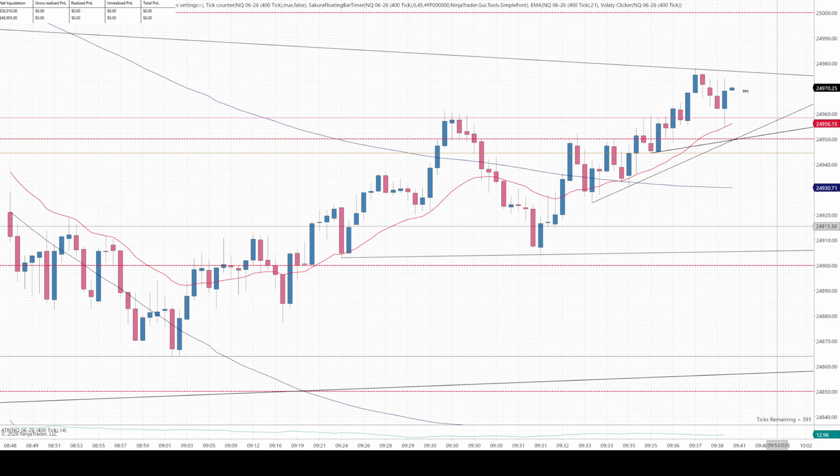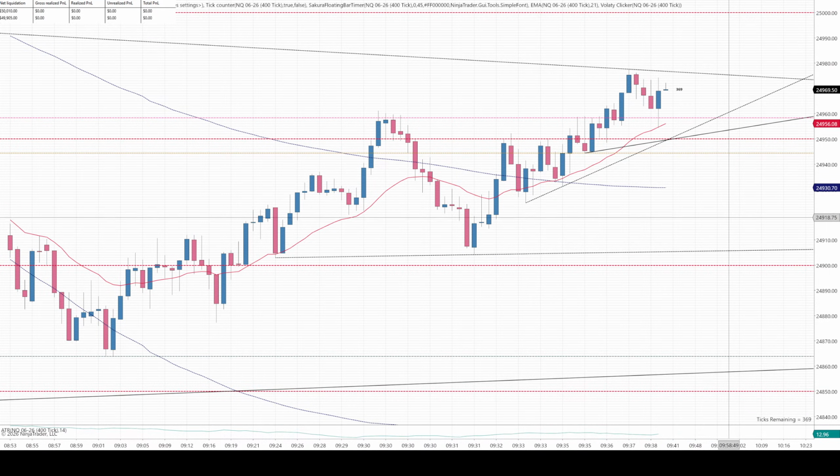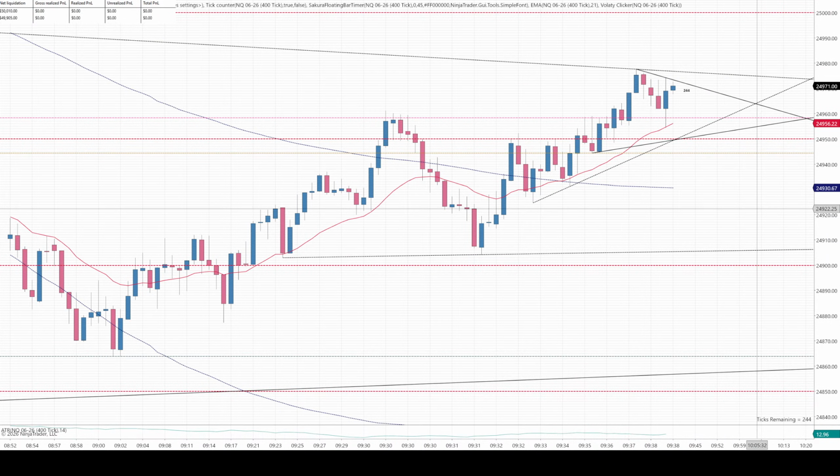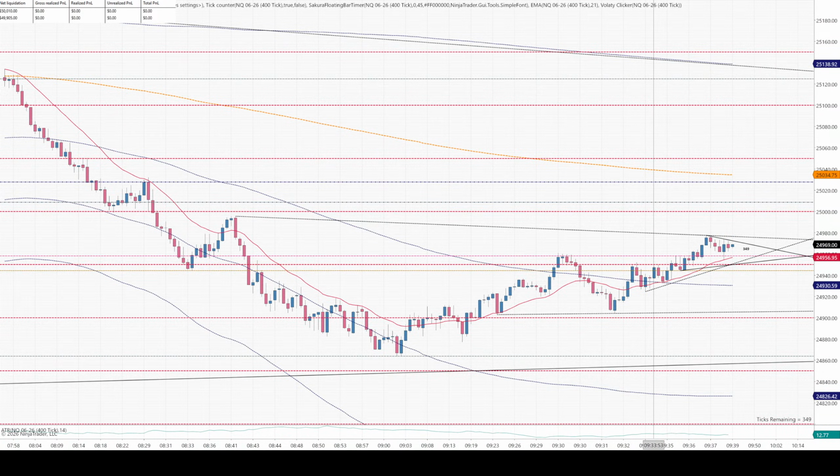We bounce off the EMA. So we got another classic wedge situation here.